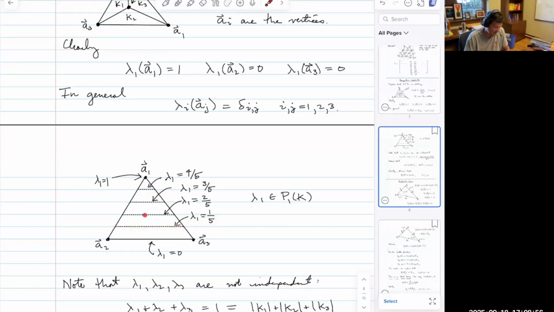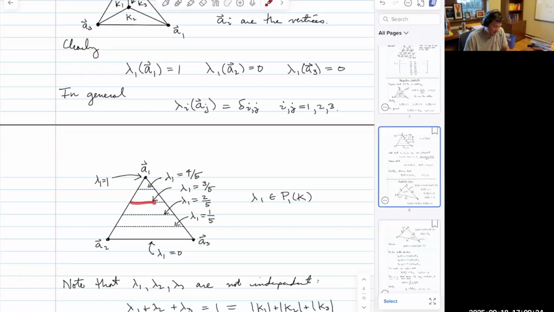Let's go up to this line, where X is 2/5 of the height up. And you're just going to use the very simple formula, area equals 1/2 the base times the height. But now we're going only 2/5 of the height for this line. So that's that triangle. The area ratio for that one is just going to be lambda 1 equals 2/5.